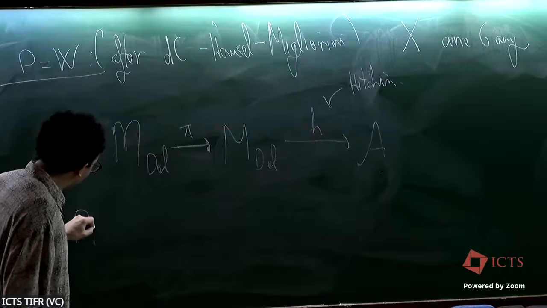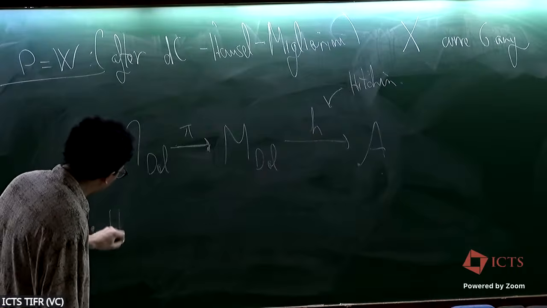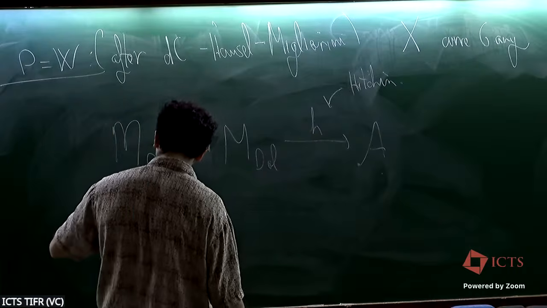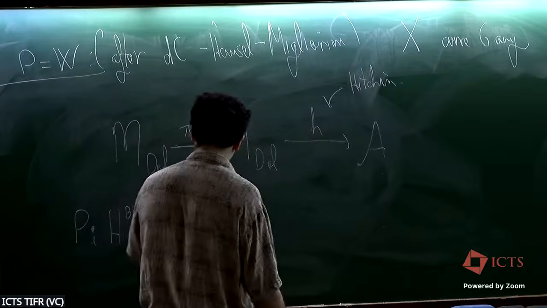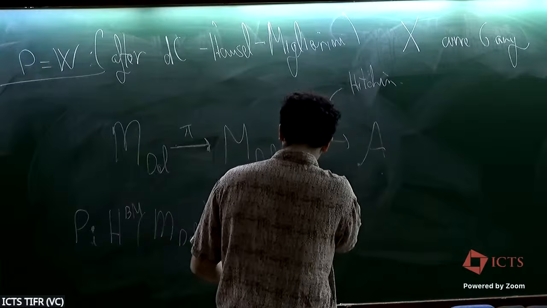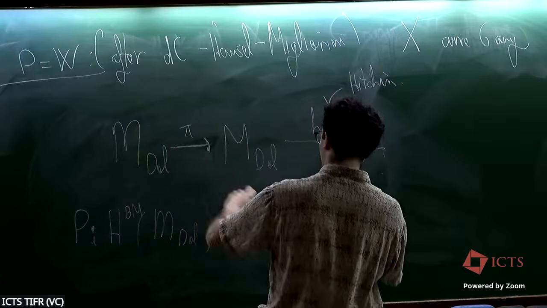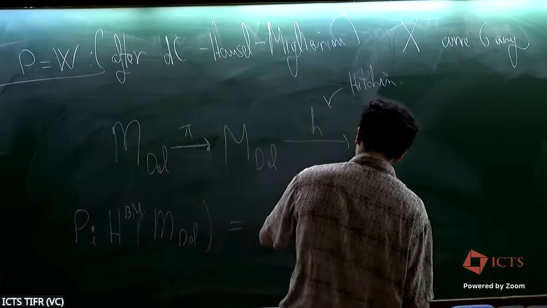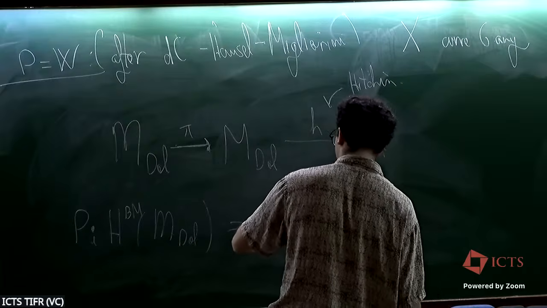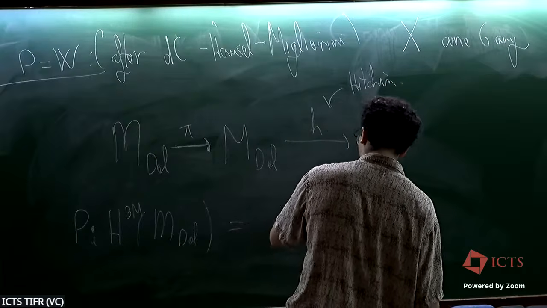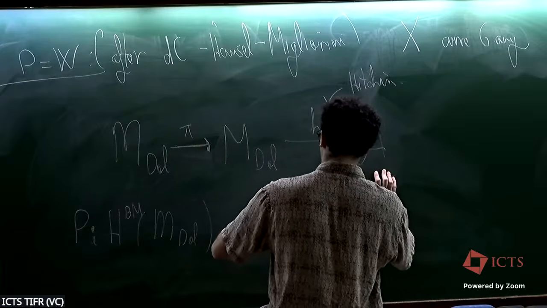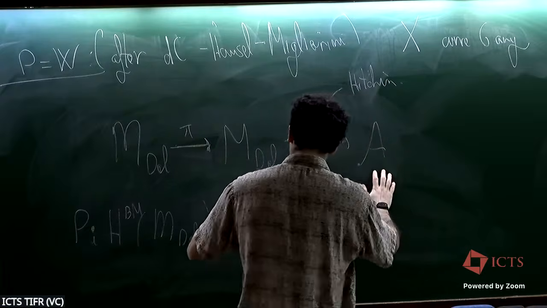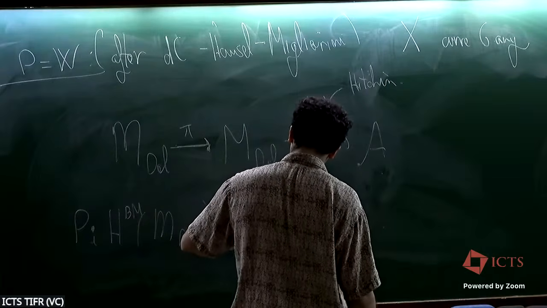So the ith piece of the perverse filtration of Borel-Moore homology of M Dolbeault is: we look at the push forward of the dualizing sheaf for pi, after pushing it forward to the Hitchin base, and we take perverse truncation.